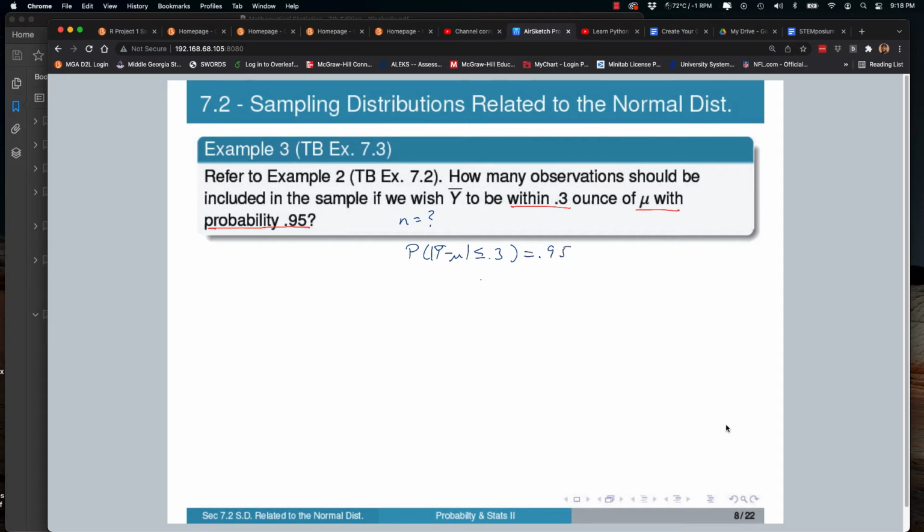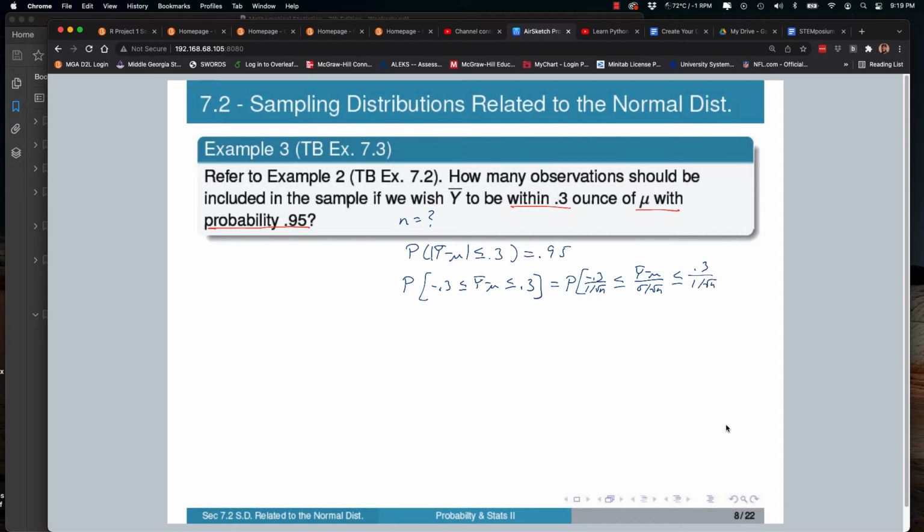Which is the probability of negative 0.3 less than or equal to y bar minus mu, less than or equal to 0.3, which equals the probability of negative 0.3 over sigma divided by square root of n, less than or equal to y bar minus mu over sigma over the square root of n, less than or equal to 0.3 over sigma divided by square root of n.